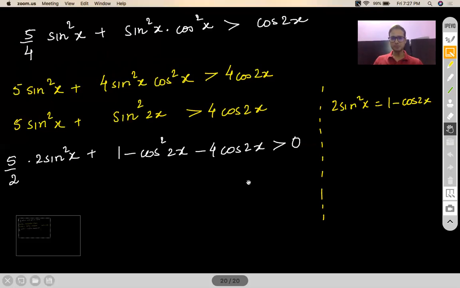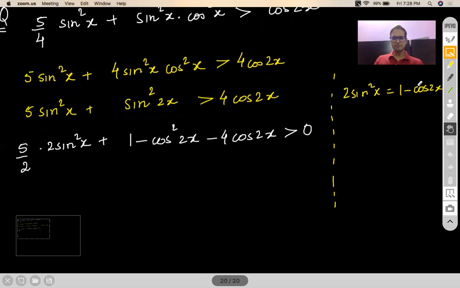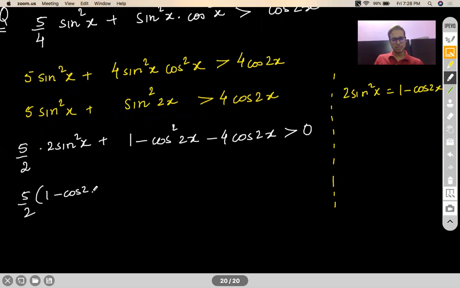Correct. So this term will become 5 by 2, 1 minus cos 2x. Okay. Multiply with a 2 throughout.